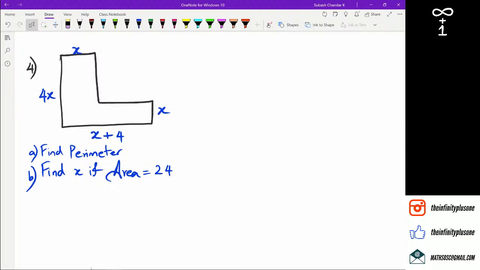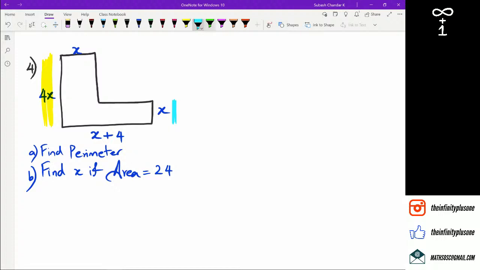Yep, got it, Fatima. Okay, so how do we actually go about doing this question? The first thing we have to do for perimeter is find out the two missing sides. I'm going to show you with just one method here. This length here right now is 4x. That's my vertical length here.